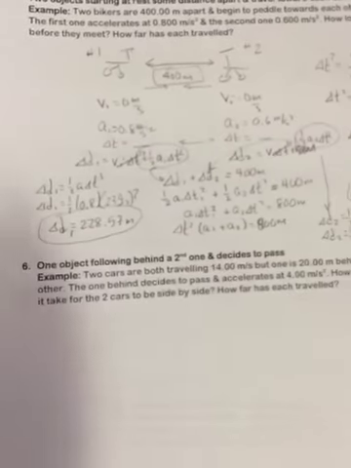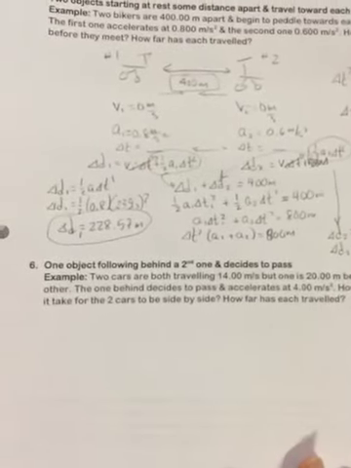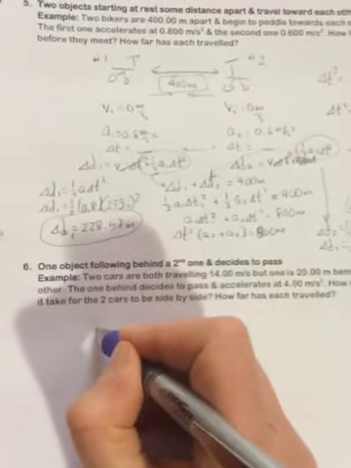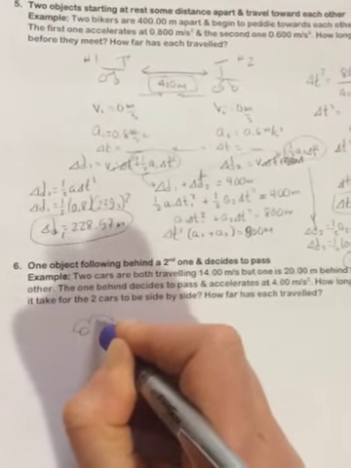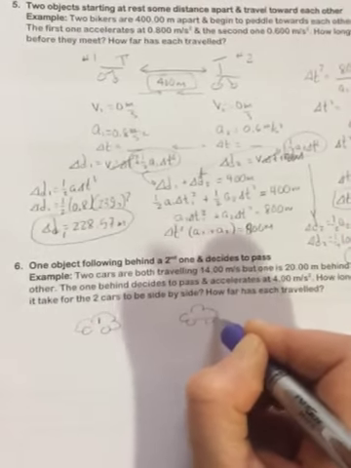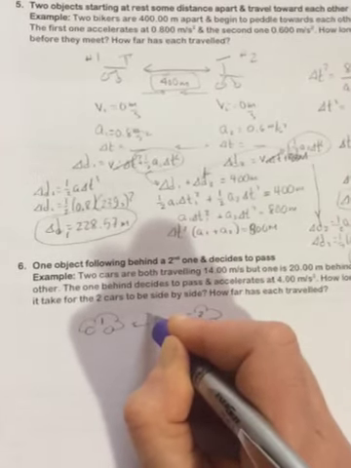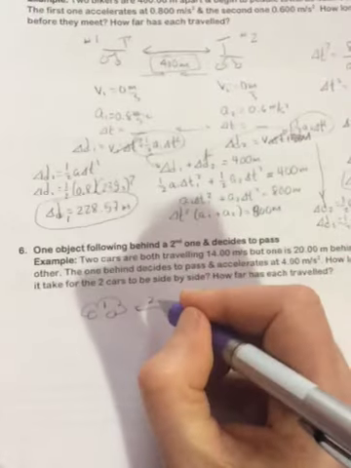So the next one says, two cars are both traveling 14 meters per second, but one is 20 meters behind the other. Okay, so car 1, car 2. This distance is 20 meters.